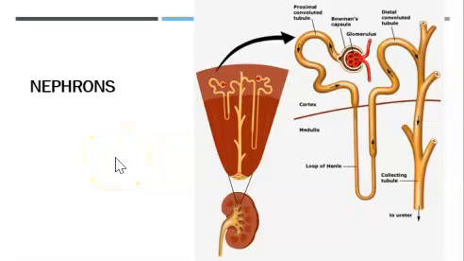The last thing I want to mention on this image is look at the different layers or regions of the kidney that the nephron is located in. This dividing line is in between the cortex and the medulla. Everything up here is located in the cortex.